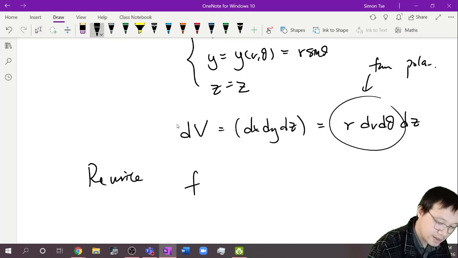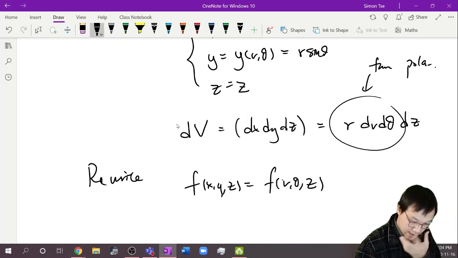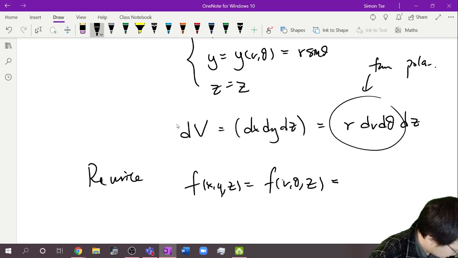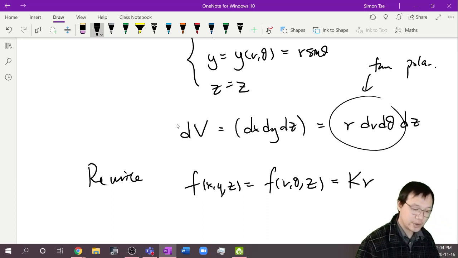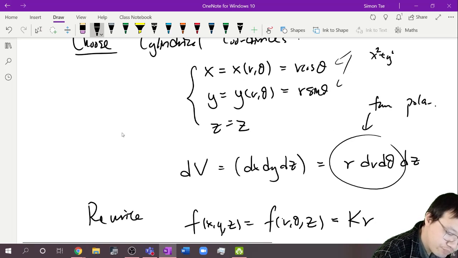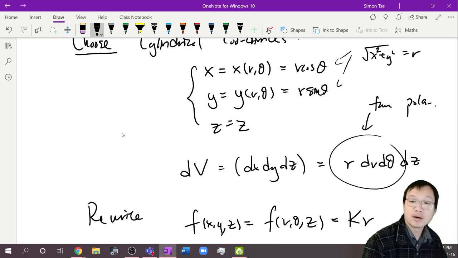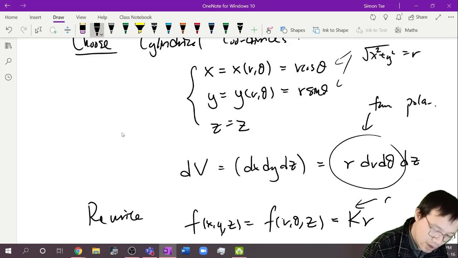The f of x, y, z becomes f of r, theta, z as simply, let's say, k times r. Because here the distance is given more succinctly as just r, if you take the square root of x squared plus y squared. So this k is the constant of proportionality.